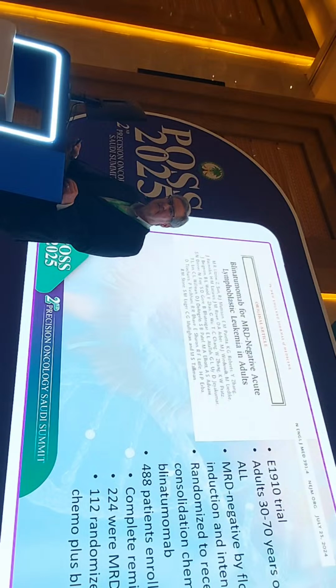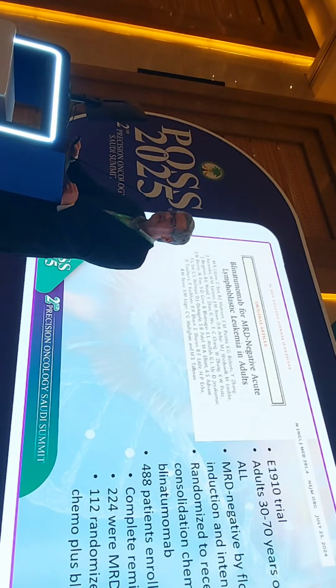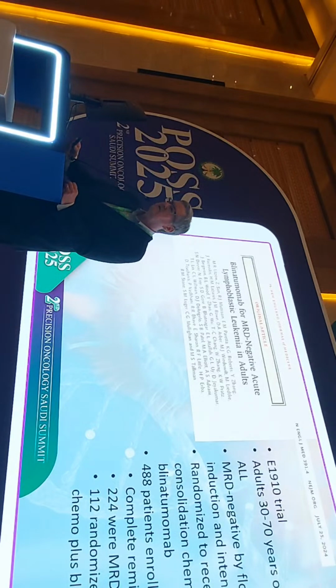And recently we have had 2 randomized trials published using blinatumomab. First, we go through the adult trial, published last July in the New England Journal. This was the adult E1910 trial that tested adults 30 to 70 years old with Philadelphia chromosome negative B-cell ALL.